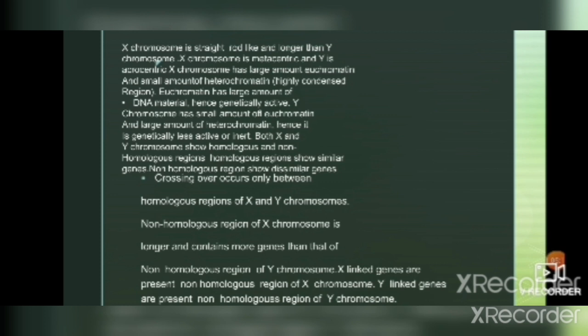The Y chromosome has a small amount of euchromatin and a large amount of heterochromatin, hence it is genetically less active or inert.